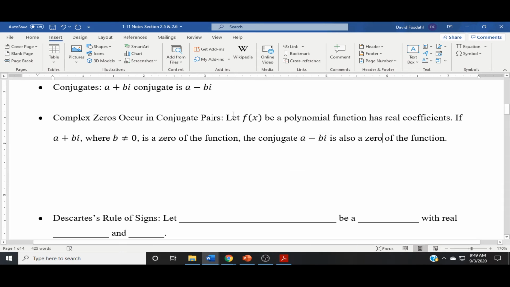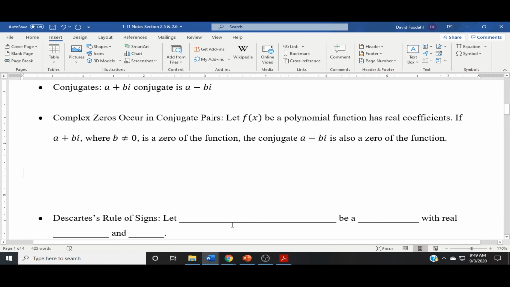Okay, so if a plus bi is a zero of the function, a minus bi is going to be a zero of the function. That means they always come in pairs.